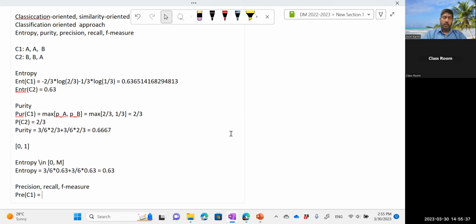So precision would have to be computed for each label separately. For, let's say, class A, what is the precision with which we have retrieved A in cluster 1? And similarly, you have to compute precision in cluster 1 for B.